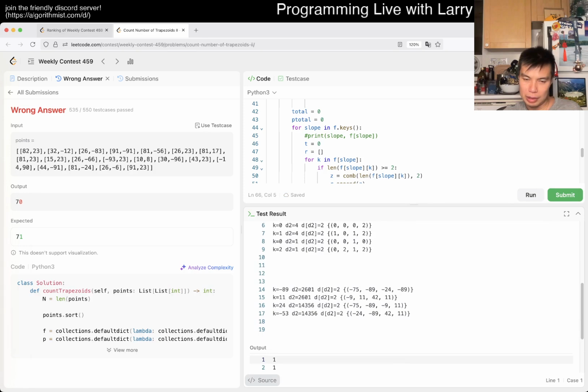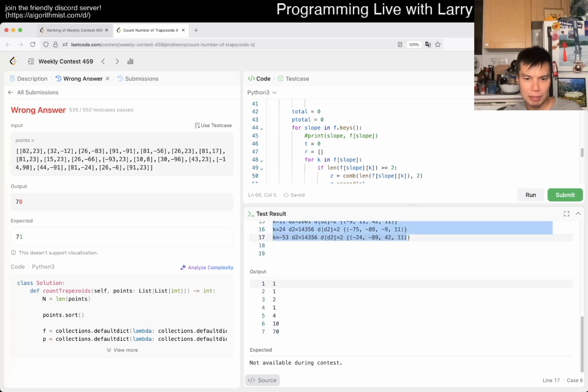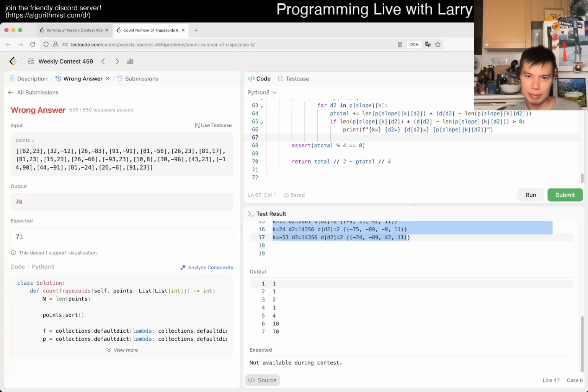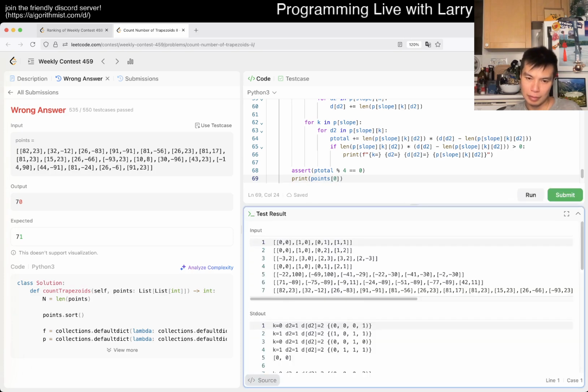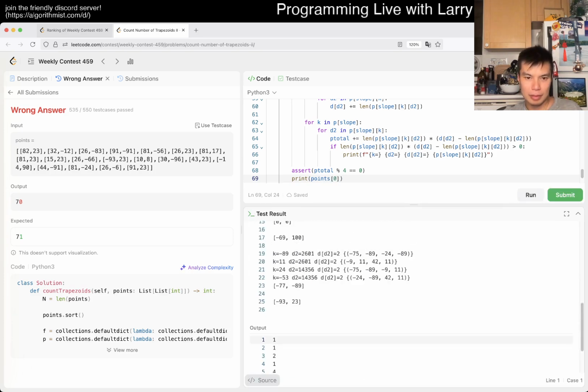So here we, is this for this one or this is for, there's no parallelogram? Is that right? Okay, yeah, there's no parallelogram.